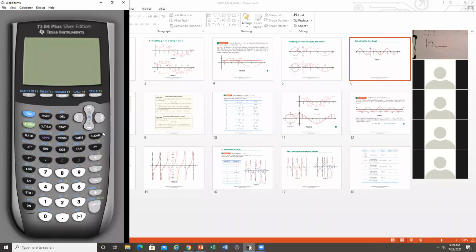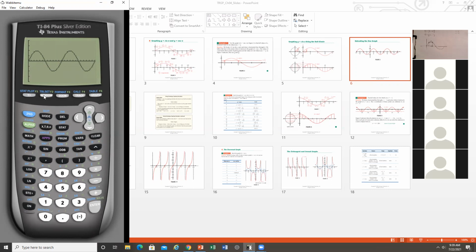So on our calculator, if we wanted to graph two periods of the sine function, we just go to window. We have x range from 0 now, not to 2 pi, but maybe 4 pi. So 0 to 4 pi. Hit graph now, ladies and gentlemen. You'll see the graph of not one cycle or period of the sine function, but the graph of two periods. Do we see that there?